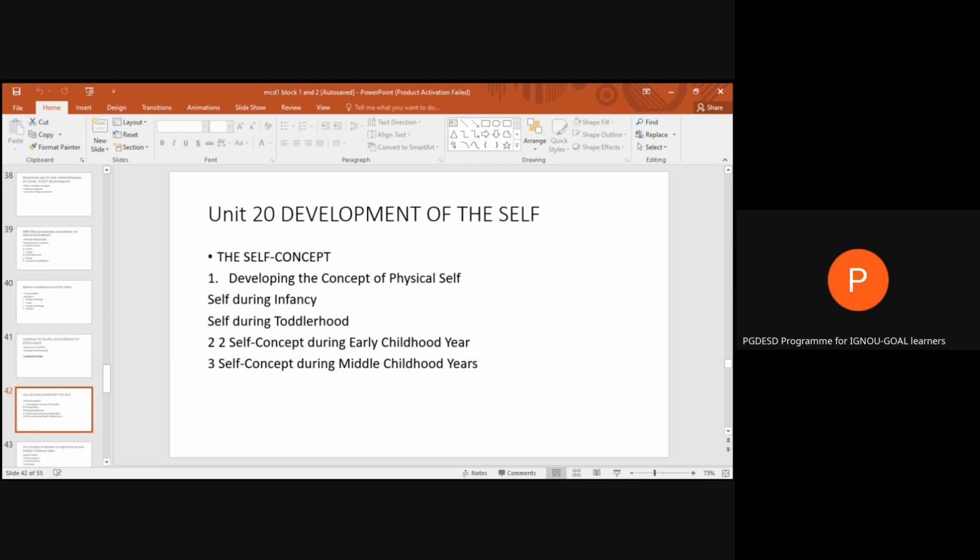This is self-concept during early childhood and self-concept during middle childhood. The toddler's language also gives indication of her developing awareness of herself.